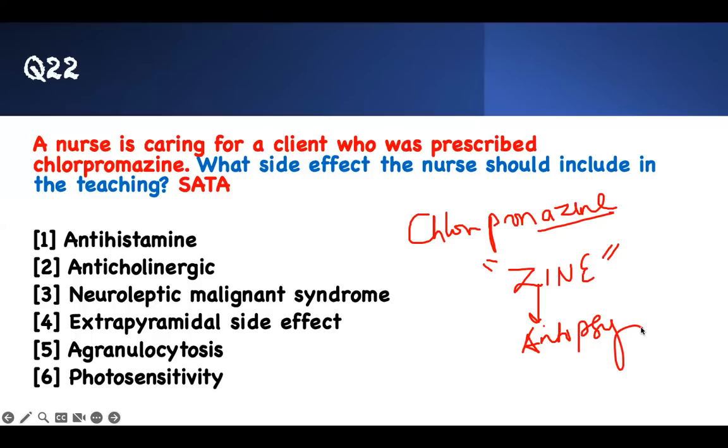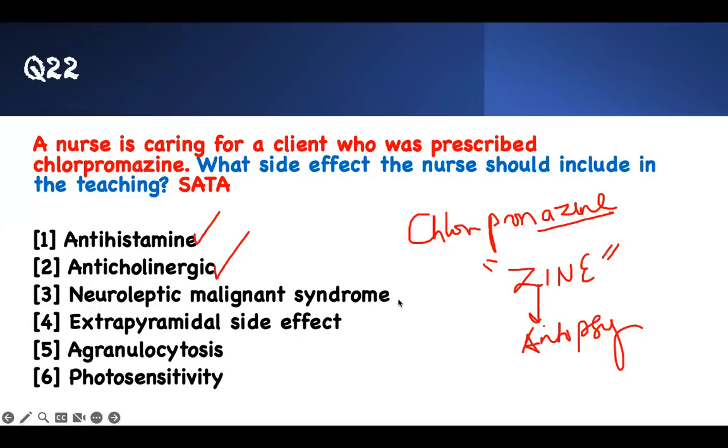What should I worry about? Every antipsychotic, you have to know these things. They all have an antihistamine effect, so they make you drowsy. Anticholinergic effects: dry mouth, constipation, urinary retention, pupillary dilation, all of them.